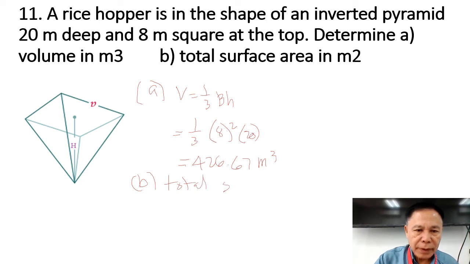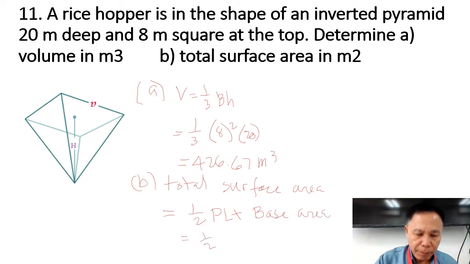So for letter B, total surface area is equivalent to 1/2 times perimeter times slant height plus your base area. So equivalent to 1/2 times 32 times your length plus base area.